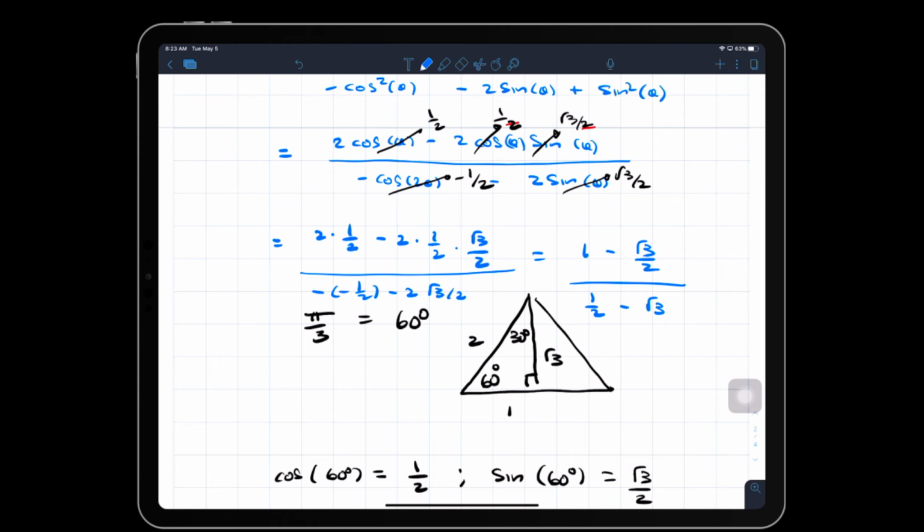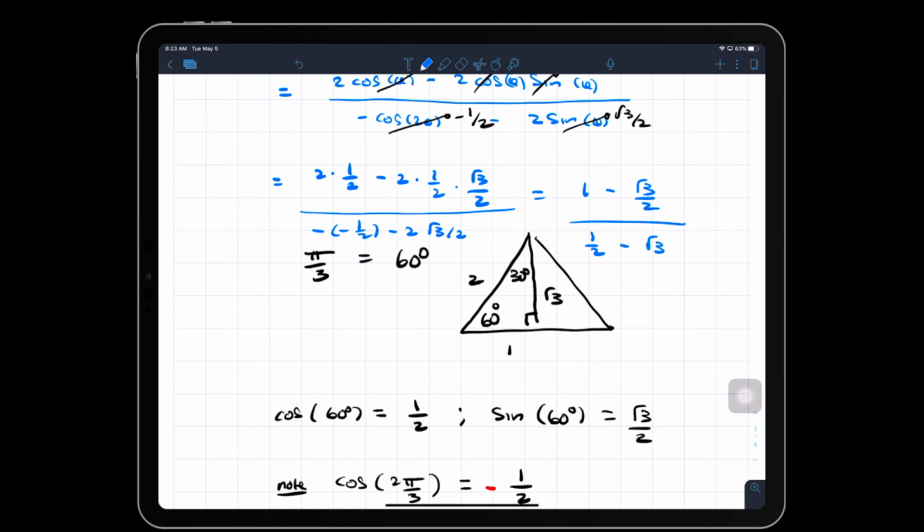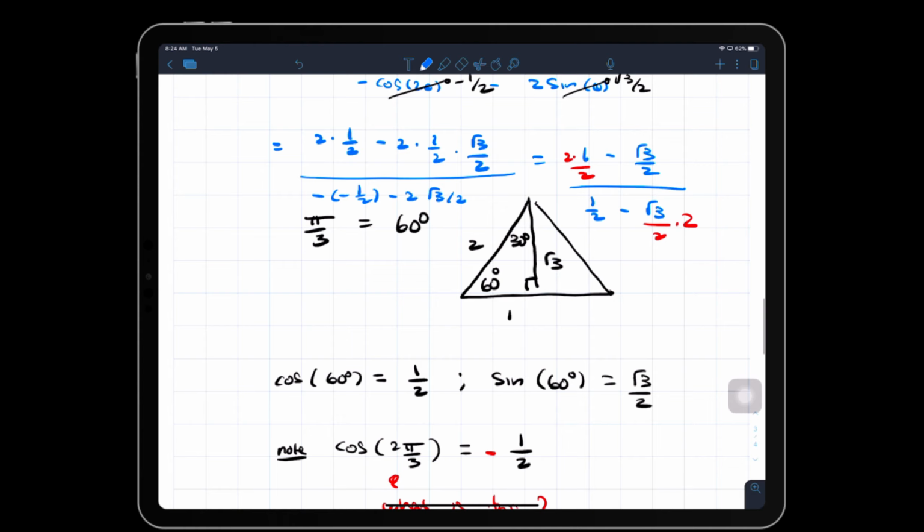We got a complex fraction. Doing a little bit of algebra here. Okay, so I can do some algebra. Let's see what we can do here. This is 2 times over 2. 2 times over 2. And we're going to end up with 2 minus the square root of 3, everything over 2, divided by 1 minus 2 square root of 3, everything over 2.